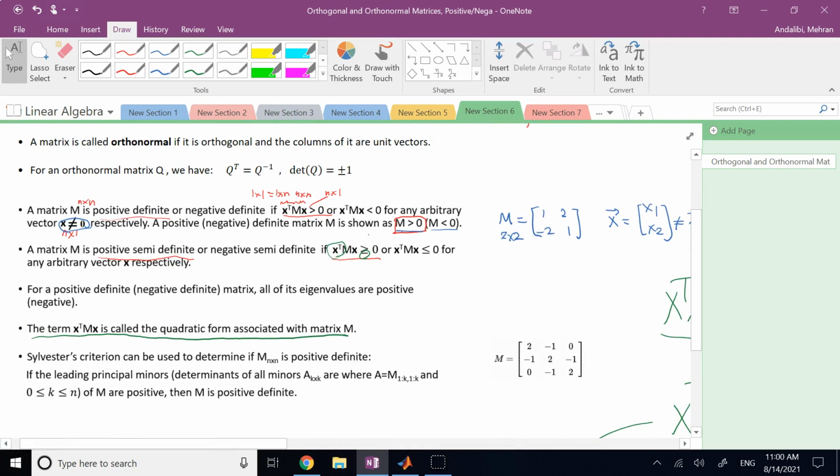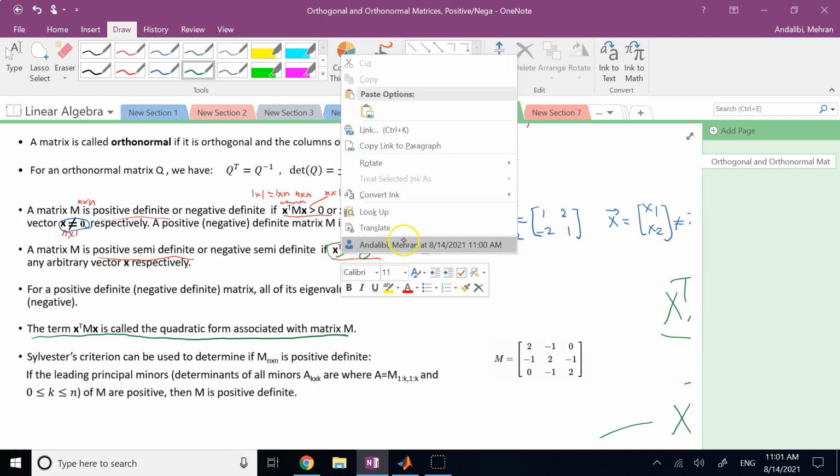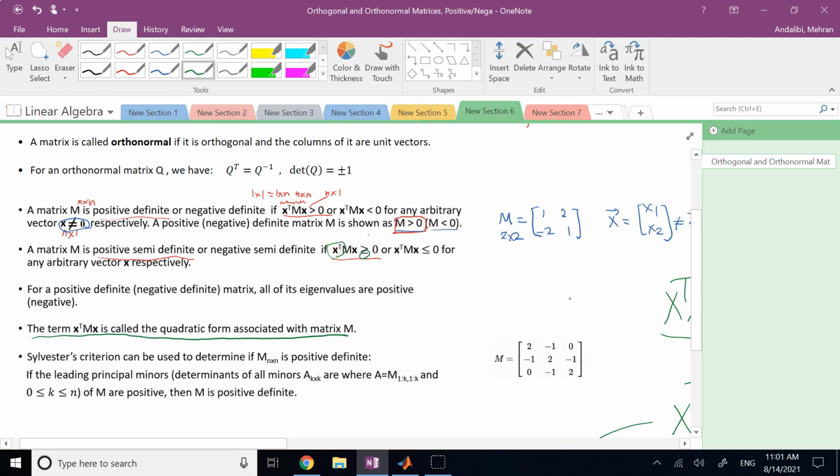Now, there is another thing that we have to talk about here, and that is, how do we determine this positive definiteness or indefiniteness? Well, the method I showed you is to form this quadratic term and then calculate the sign of it for different values of the entries of x.